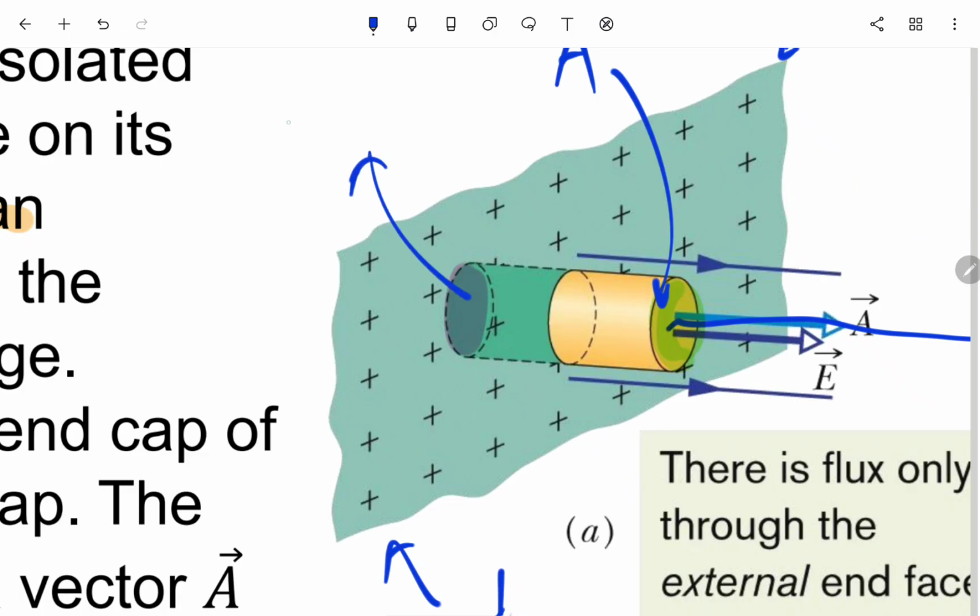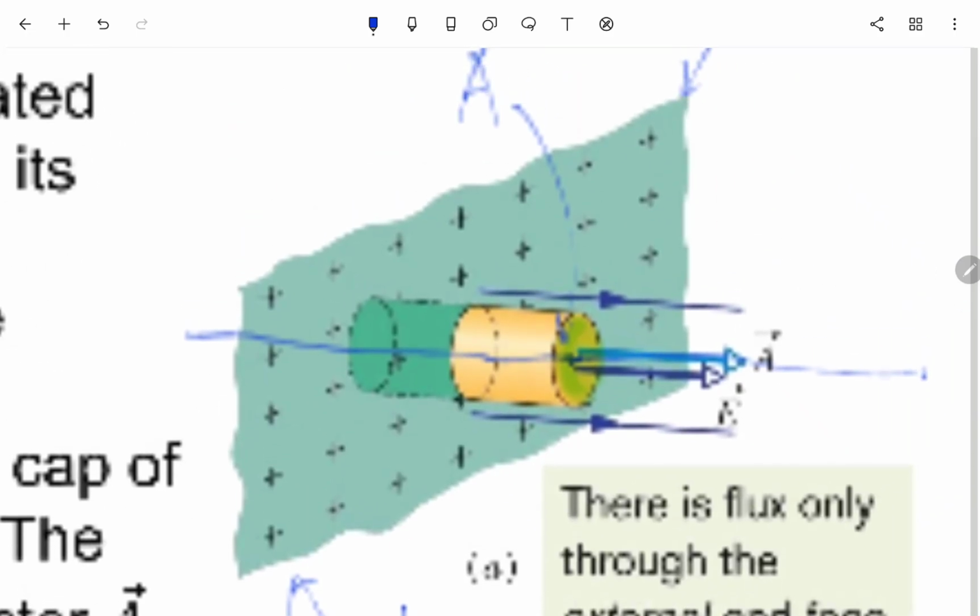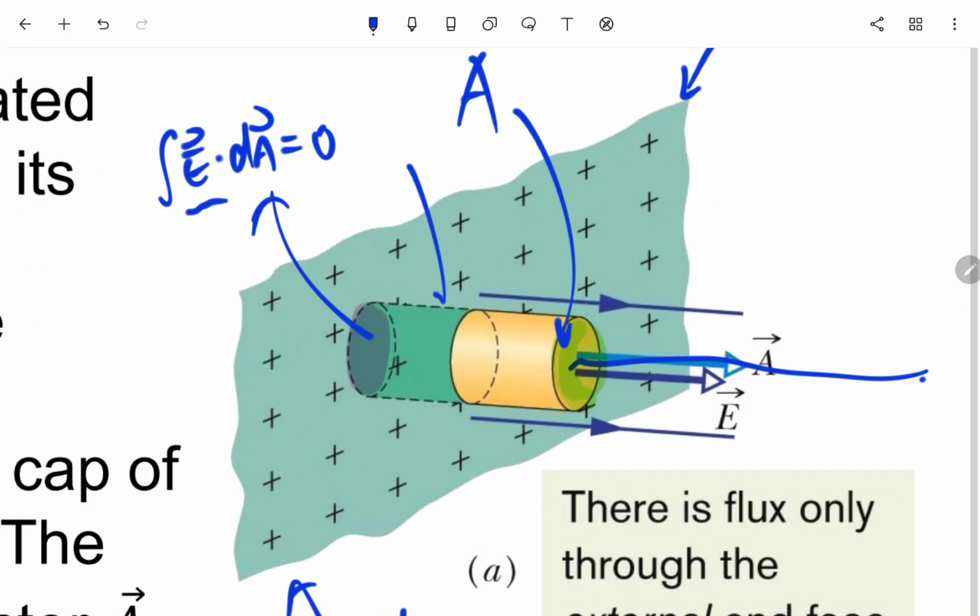So the flux, the E dot dA for this part, is 0, because the E field over the whole area is 0. For the side part, dA would be perpendicular to the E field, so E dot dA must also be 0, even though E itself is not 0 at the part outside the conductor.